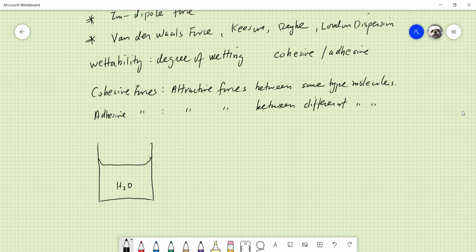It means that the adhesive force here is larger than the cohesive force. In other words, the force between the H2O and the glass is larger than the force between H2O and H2O. You got it?